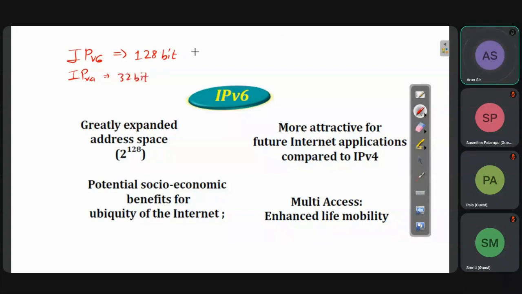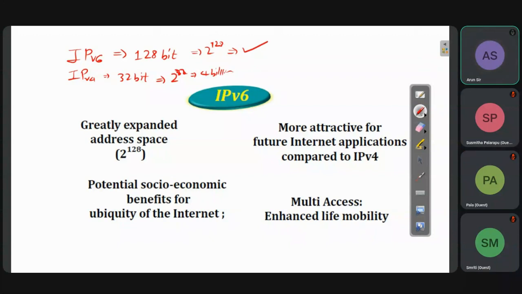So you can imagine the number of possible addresses: 2 power 32, which was approximately 4 billion. And here you can check 2 power 128, which is a very, very huge number. So it has a very large number of unique IPv6 addresses.